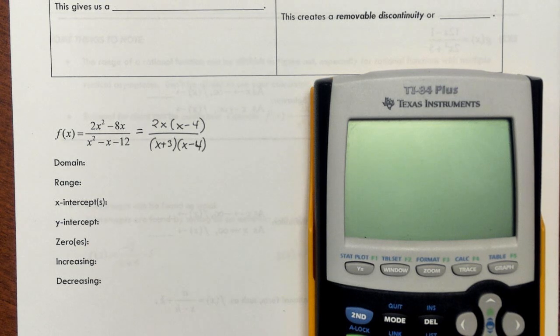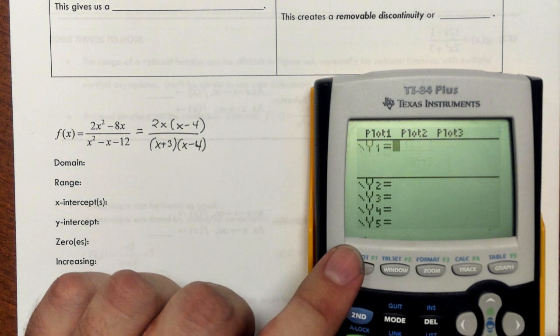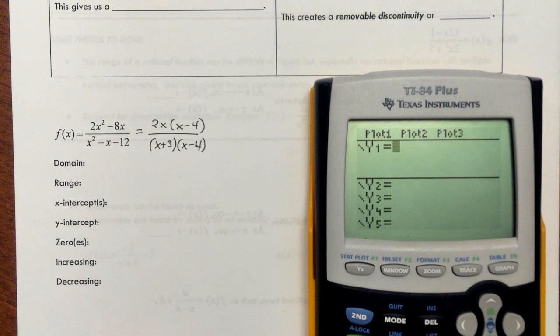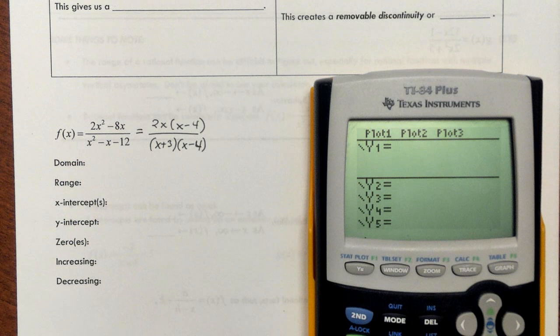If you're trying to investigate a new function, I would urge you, of course, to always begin by looking at your calculator. Now if I want to graph this on any calculator, what you would have to do is enter in 2x squared minus 8x, the whole numerator I put in parentheses, and I divide that by the whole denominator I put in parentheses.